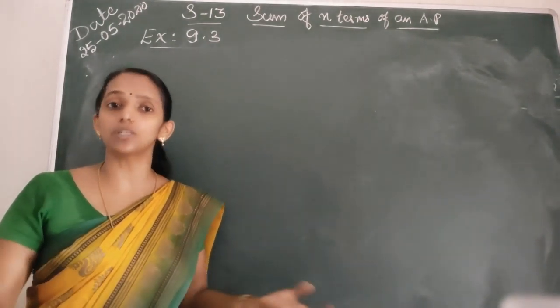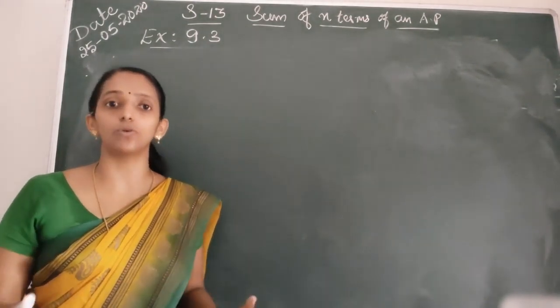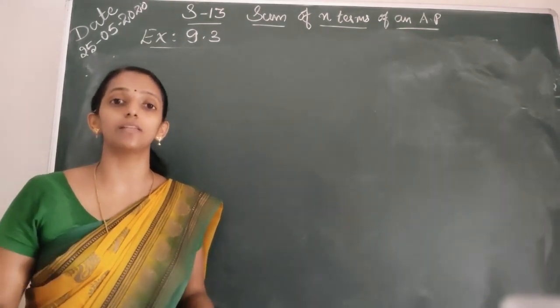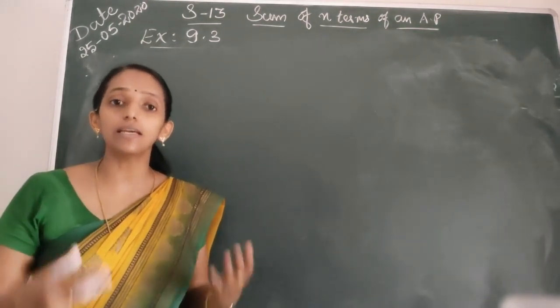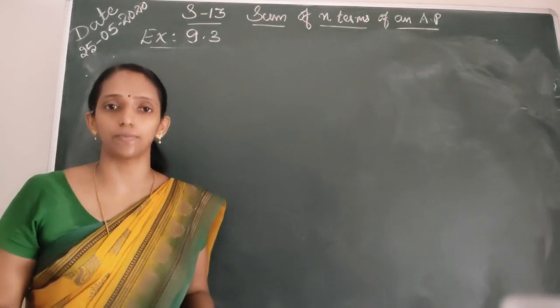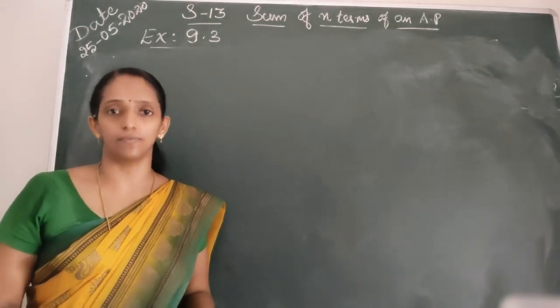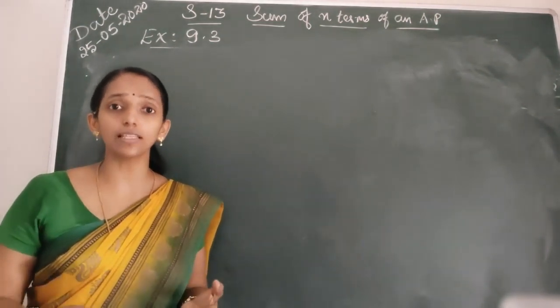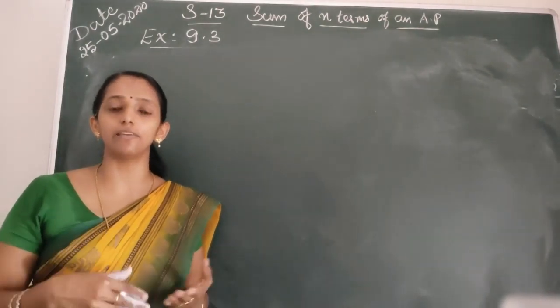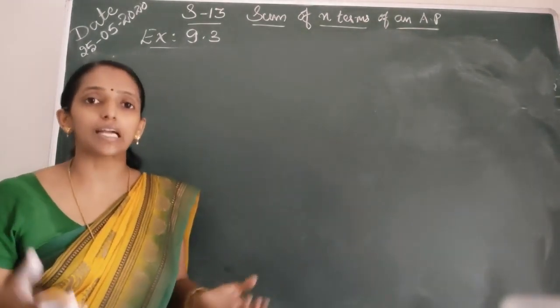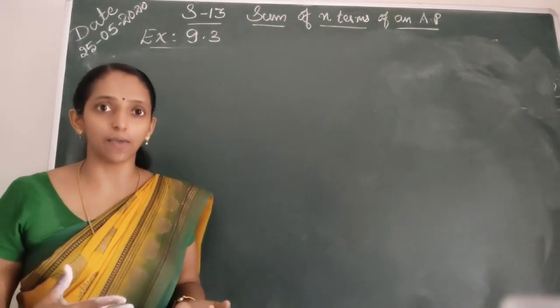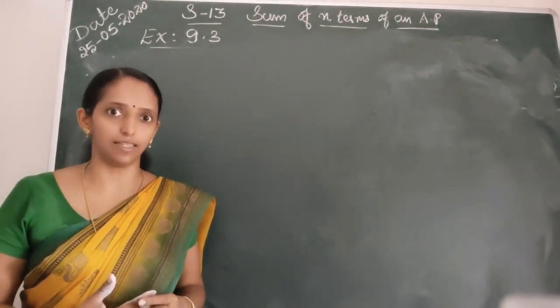Or if two terms are unknown, there will be two conditions given in the question, two sums or two nth terms given. By using that you were solving, and finally we were able to construct the AP by using our criteria.